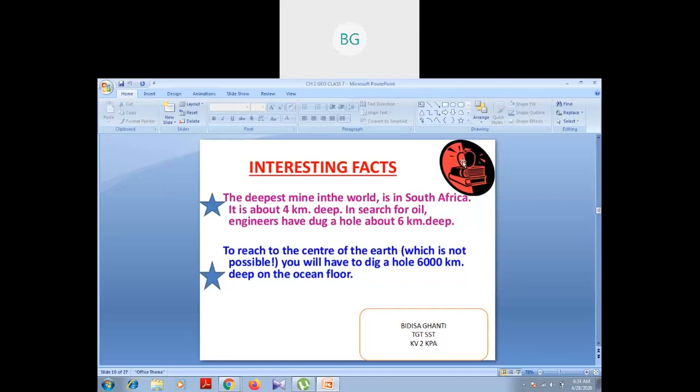The center of the Earth is around 6,371 kilometers deep. So, to reach the center of the Earth, which is not actually possible, you would have to dig a hole more than 6,000 kilometers deep. Practically it's not possible to go to the center of the Earth. Till now, we have dug a hole only up to 6 kilometers.